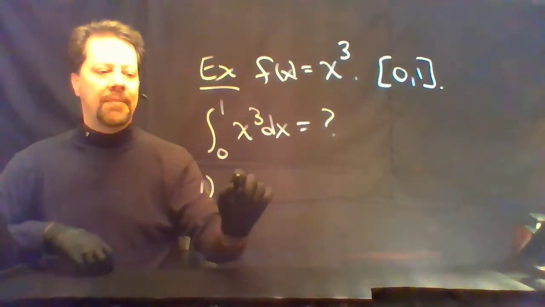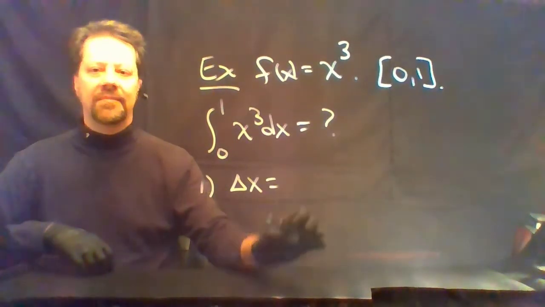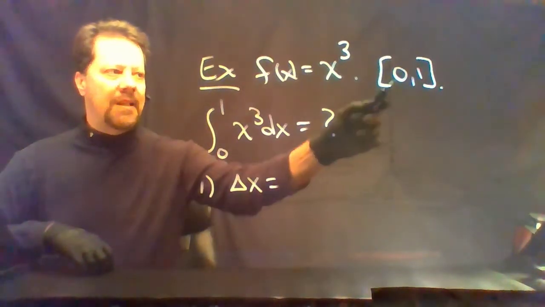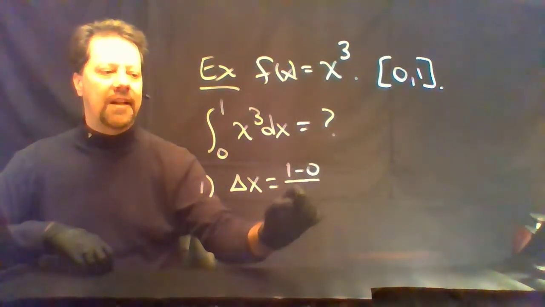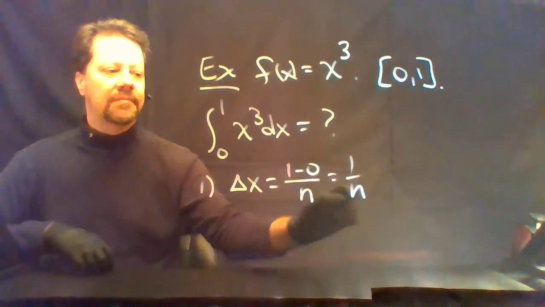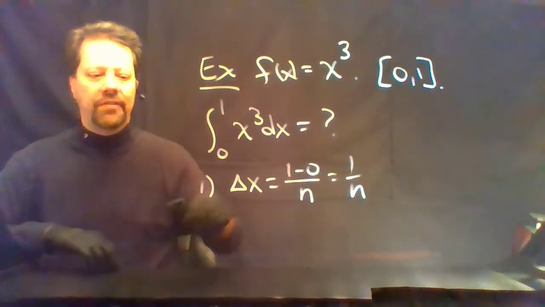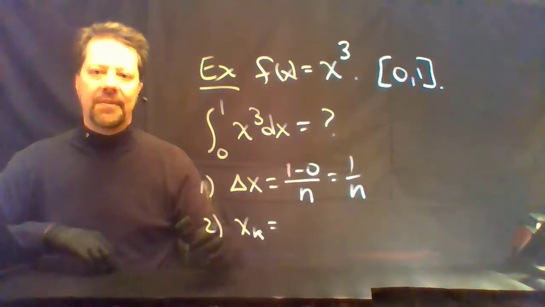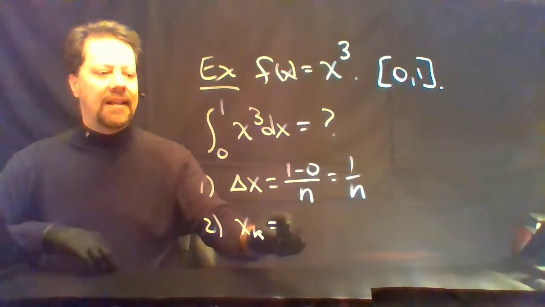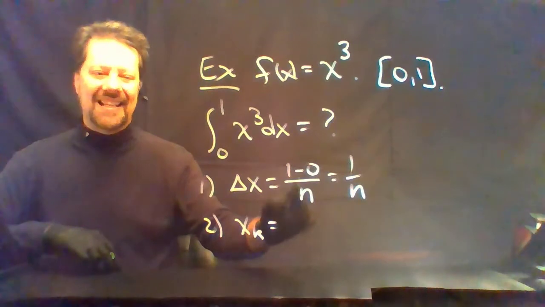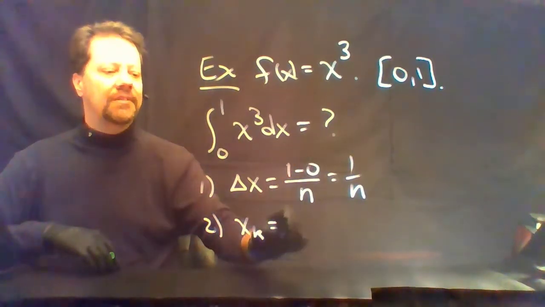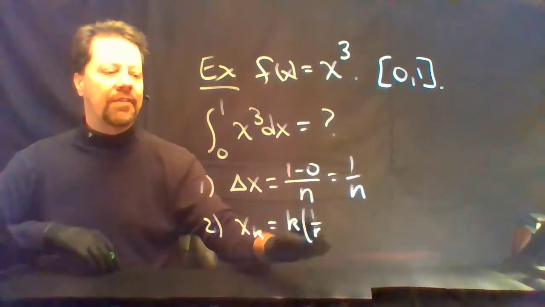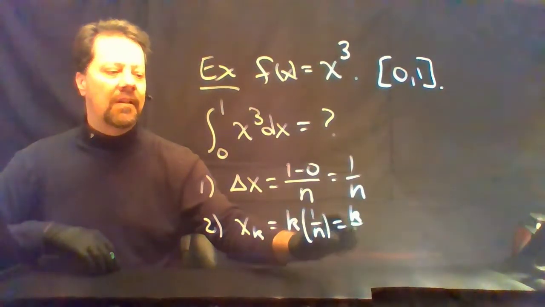The first step is to calculate delta x. Delta x is b minus a divided by n. In this case, just 1 over n. The second step is to calculate the elements of the partition. And as you know, that's a plus k times delta x, a being 0. We'll have k times 1 over n, or k over n.